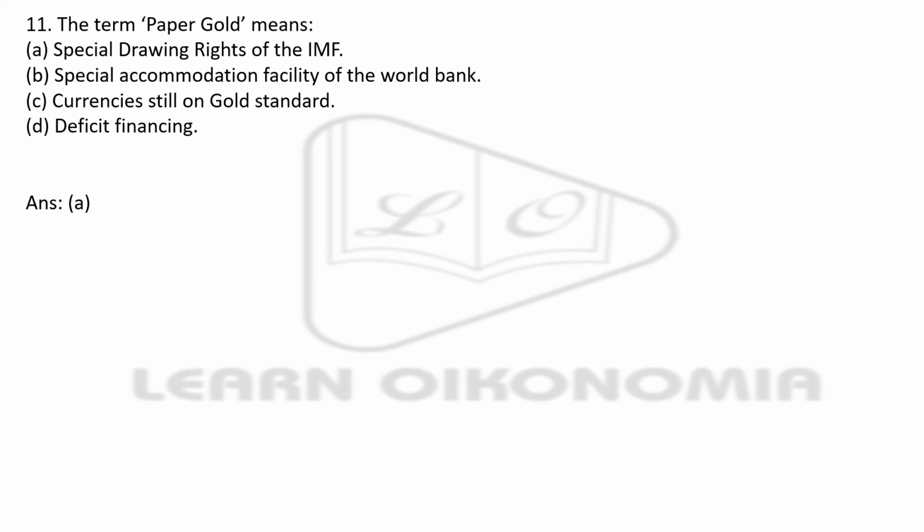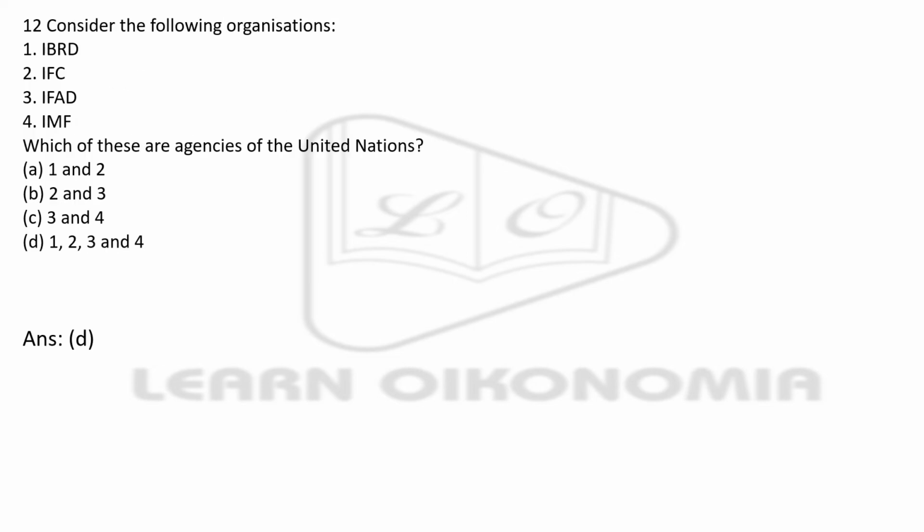It's very important. Next, you are given certain international organizations, and you have to see which of these are the agencies of the United Nations. You have IBRD, IFC, IFAD, and IMF. The right answer is option D. That is, all these international agencies, all these entities are part of the United Nations.